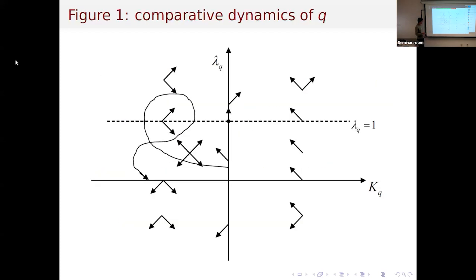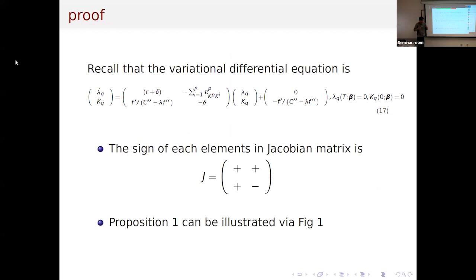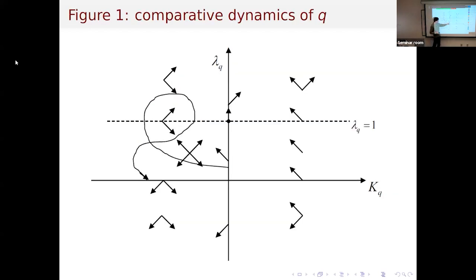Similarly, we can show that at this point KQ dot is negative, which means that KQ is decreasing. So if the system reaches this point, this direction is the only possible way it can move.